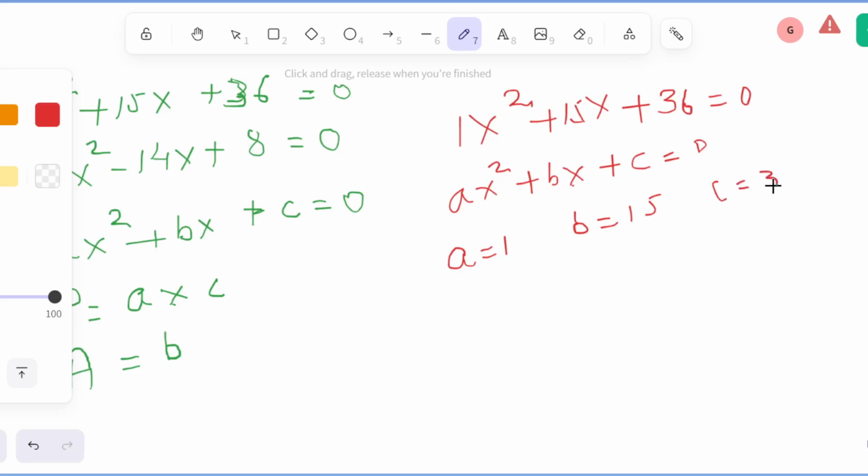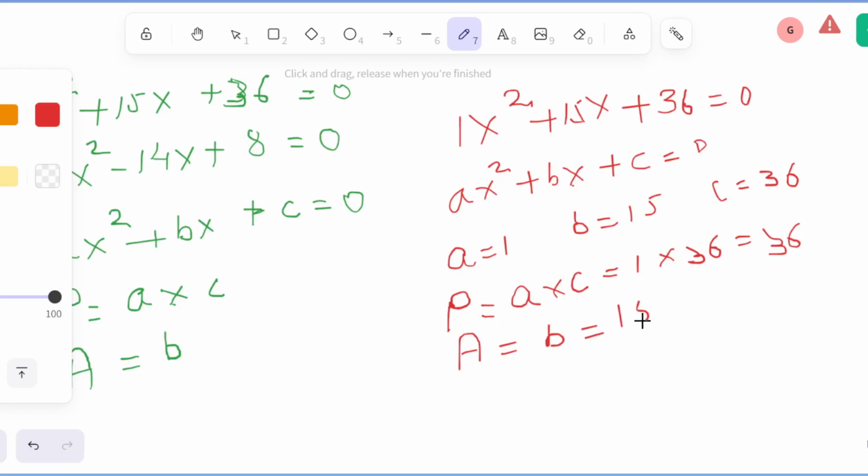Agree or not? Yeah. So let's find the product. The product will always be a times c. a is 1 here and your constant term is 36, so this will become 36. And what is the sum? The sum, or addition, will always be equal to the coefficient of x, the middle term, which is b, and b in this case is 15, right?